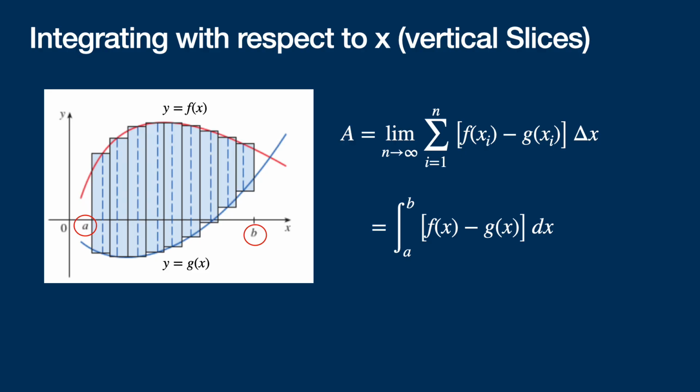And you're going to slice vertically, so that's why dx. Another way to put this integral formula for area: area A is the integral from a to b of top function f of x minus bottom function g of x dx.